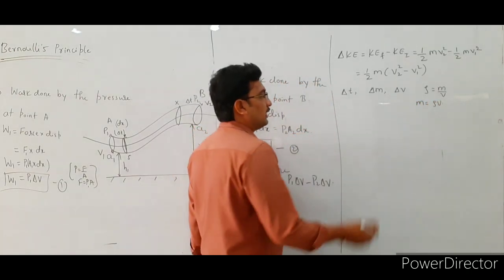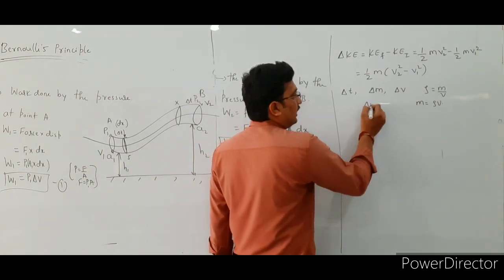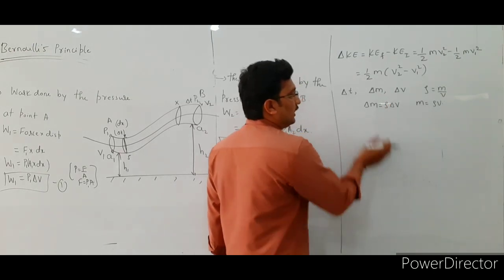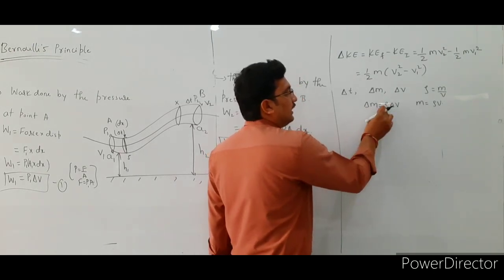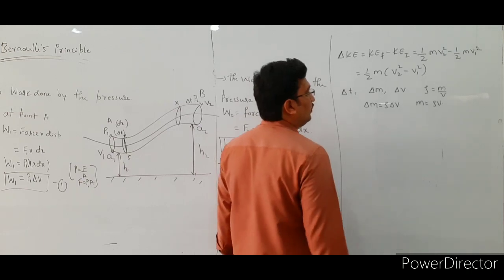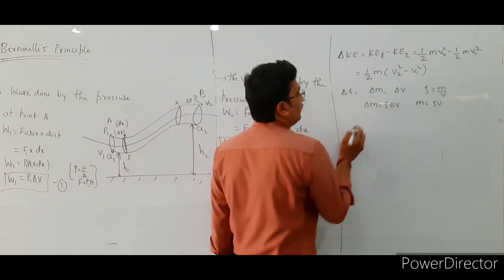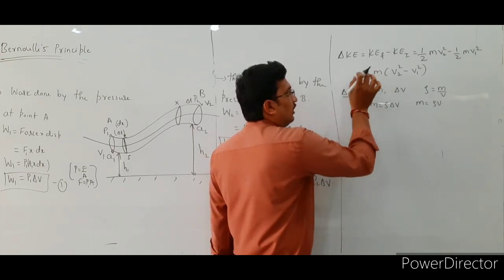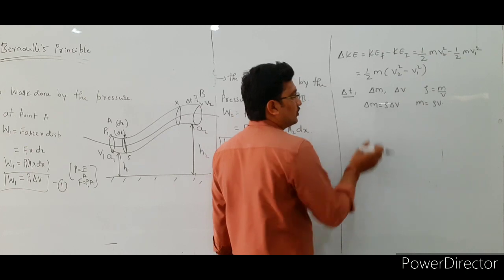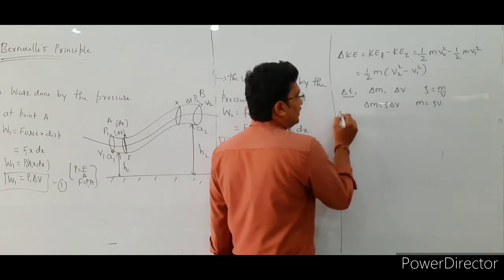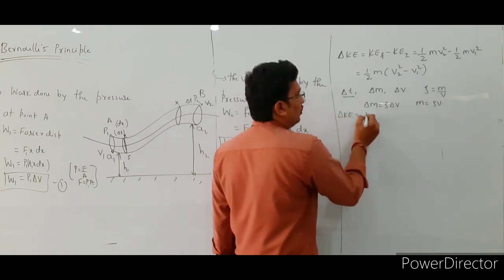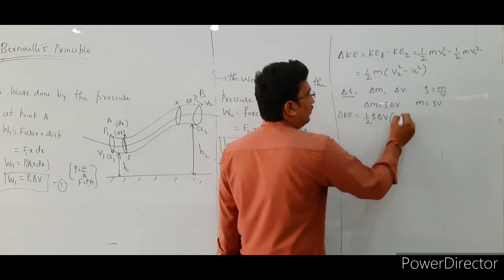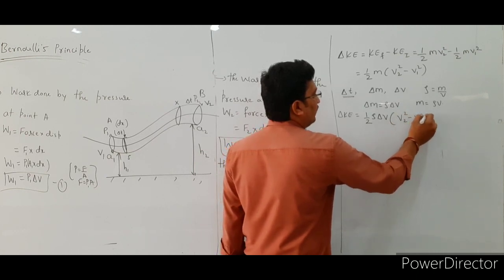So del m is equal to density into change in volume. Just substitute this m value here. Then the change in kinetic energy is equal to 1 by 2 rho into del v, bracket of v2 square minus v1 square.